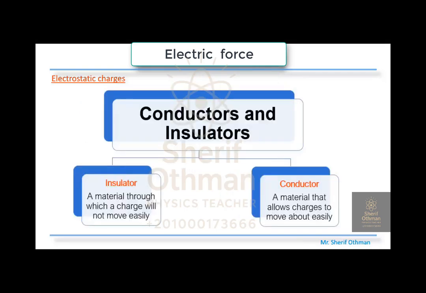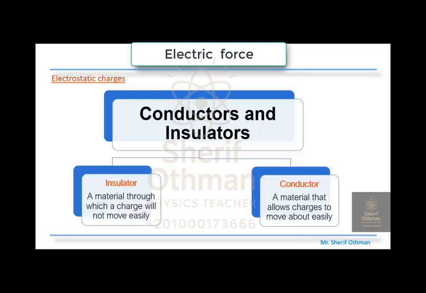Conductors and insulators, guys. What's the difference between them? Conductors are substances which are able to transfer the charge, as they already have an extra charge. Insulators are substances which are unable to transfer the charge.